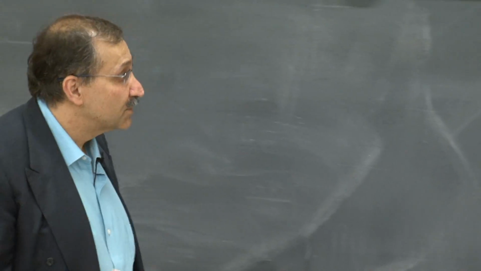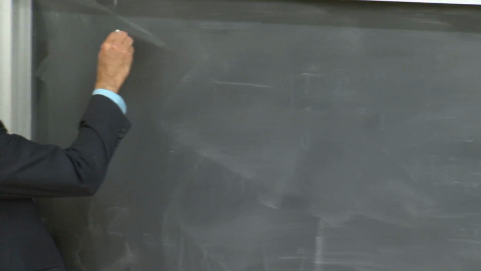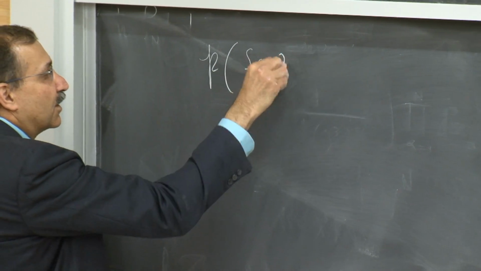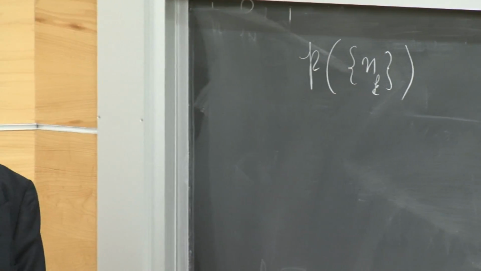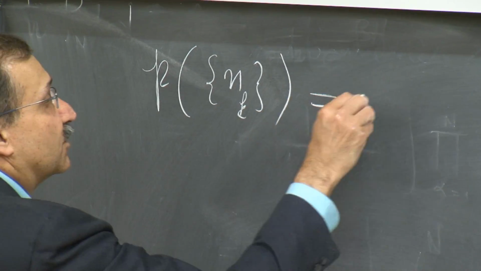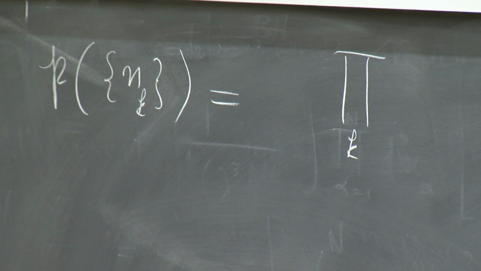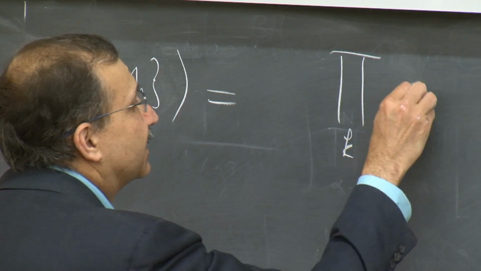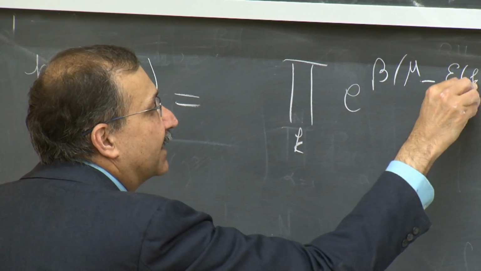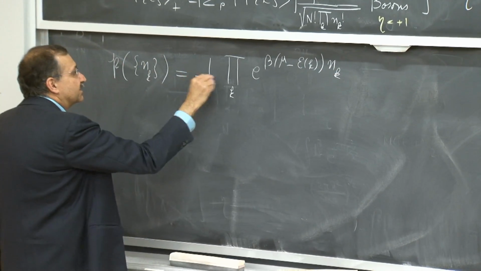And indeed, what we can say is that in this ensemble, there is a classical probability for a set of occupation numbers of one-particle states, which is simply a product over the different one-particle states of e to the beta mu minus epsilon k nk, appropriately normalized.